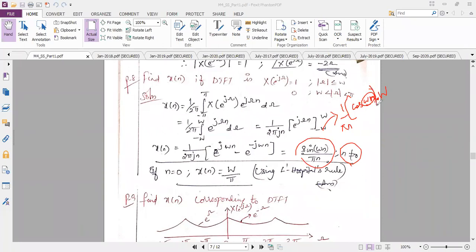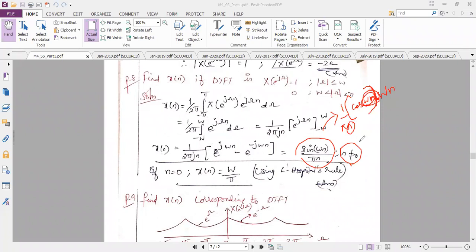Okay, we will just take wn itself as a constant term. So just write cos wn into wn. Why am I taking the wn outside? Because the denominator is having n values.